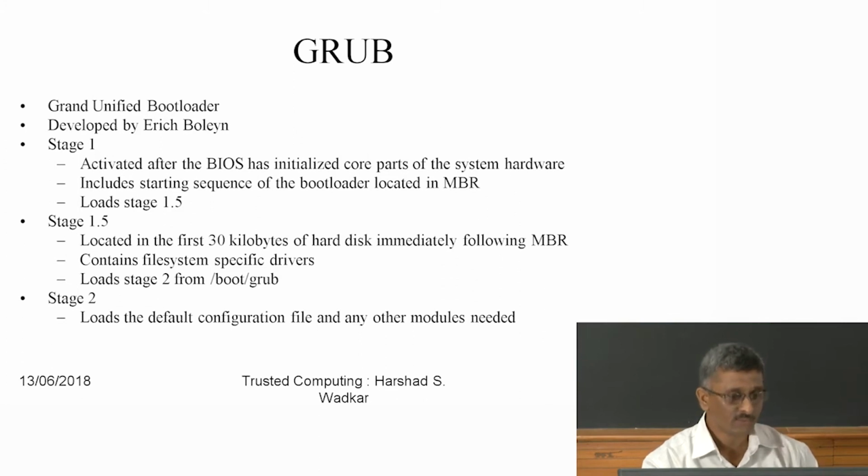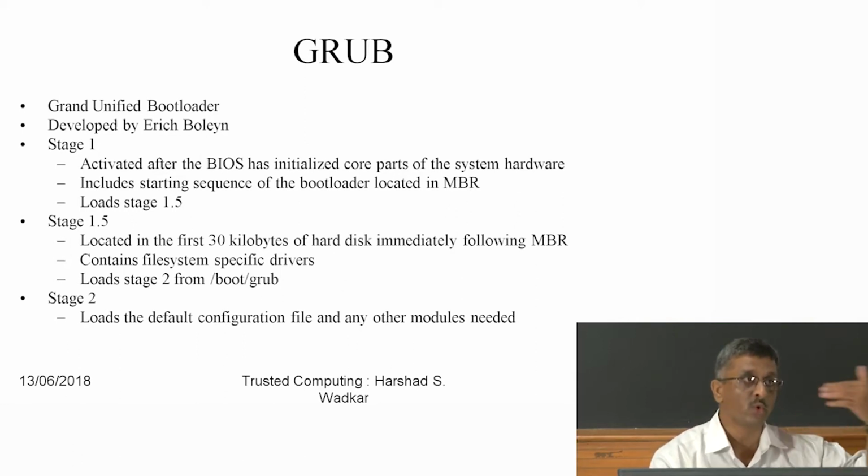There is a stage 1 activated after the BIOS has initialized the core part of the system hardware, and this stage 1 loads stage 1.5. What it means is, to load stage 1.5, first the measurement of 1.5 needs to be taken, that is the hash of stage 1.5 is taken and compared. If found correct, then it will be loaded.